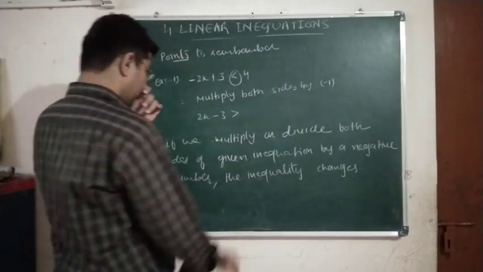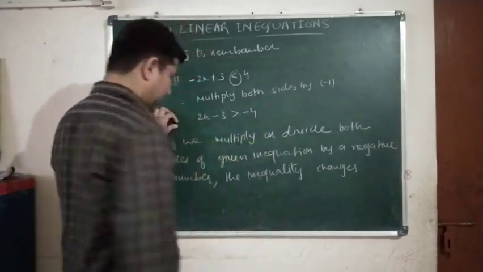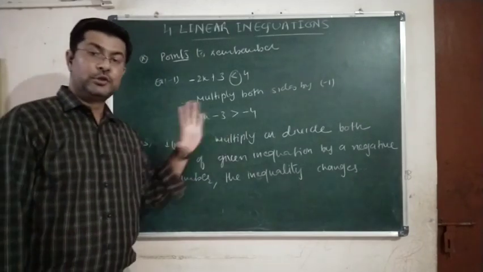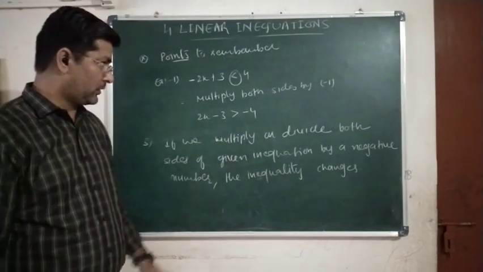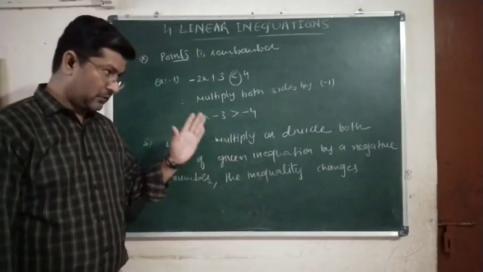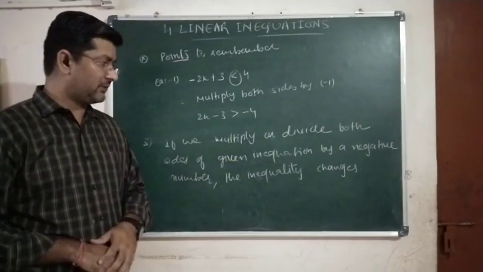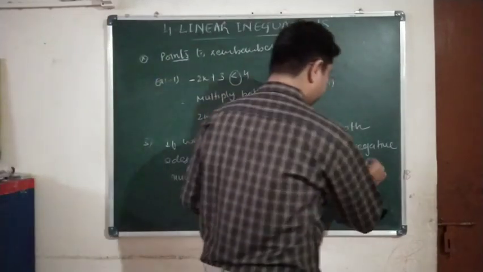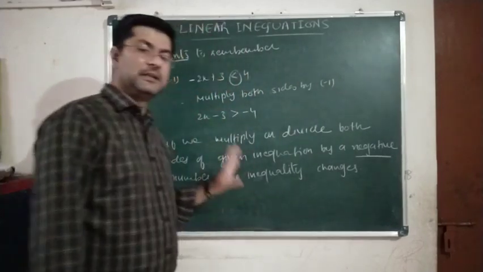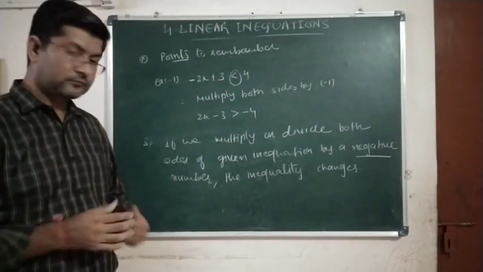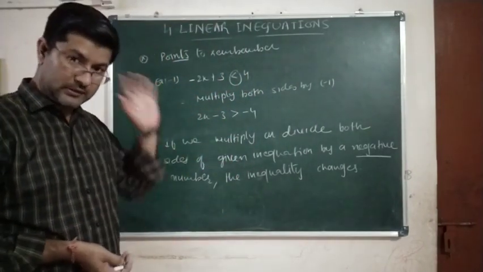Yes or no? Inequality changes and over here minus 4. So this is the new inequality form. Okay, so if you are multiplying or dividing both the sides of an equation by a negative number, remember that the inequality changes. Clear?